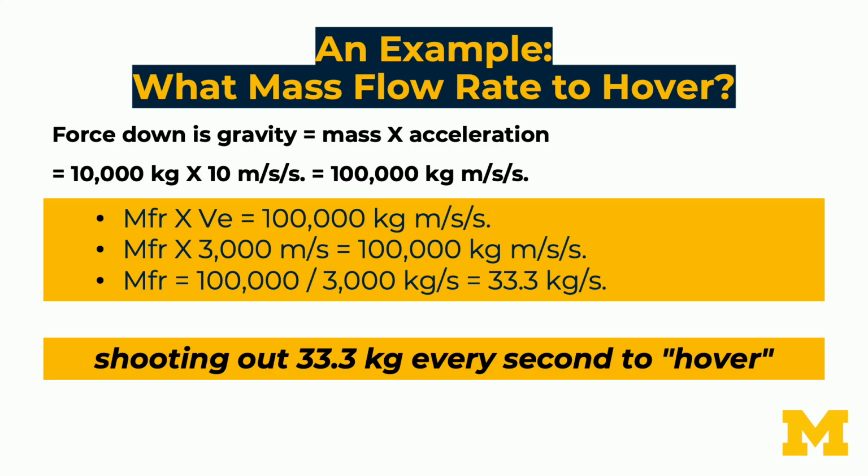So then you divide the 100,000 by the 3,000, and you get 33 kilograms per second. So we need to use 33 kilograms per second to hover. So that's roughly 8 gallons of fuel used every second, roughly.